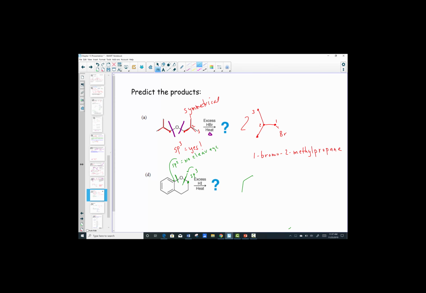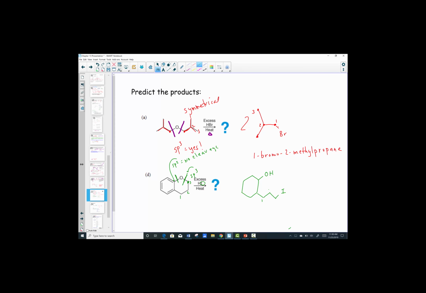So on this side of the arrow, the oxygen that originally was an ether linkage will now have its alcohol functional group. And how many carbons here? 1, 2, 3 carbons there. This bond is then cleaved, so 1, 2, 3 carbons leading out to an iodine from the binary acid.